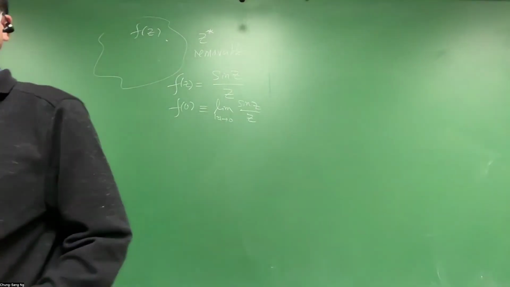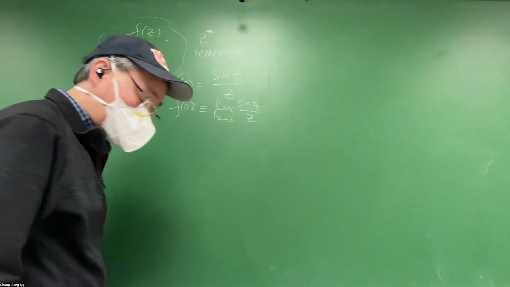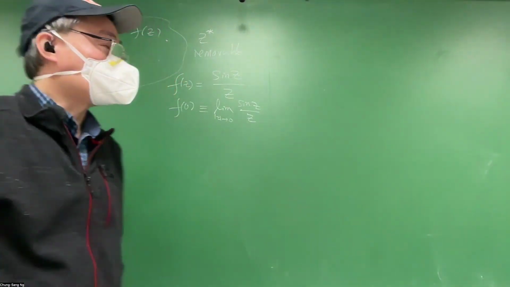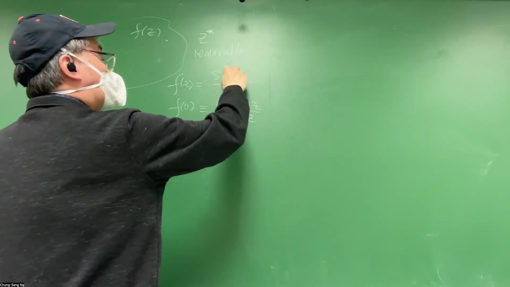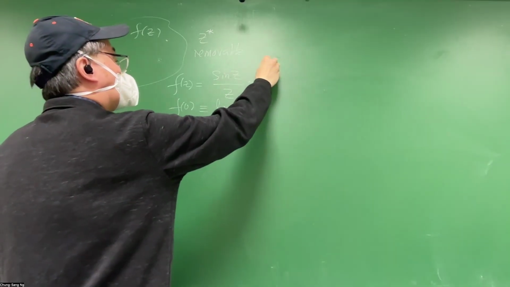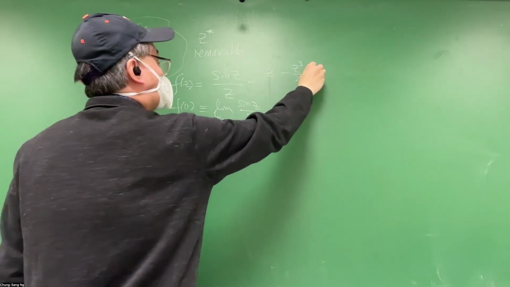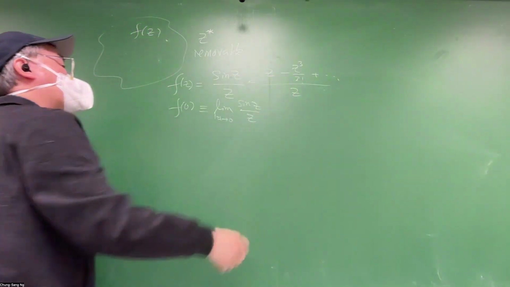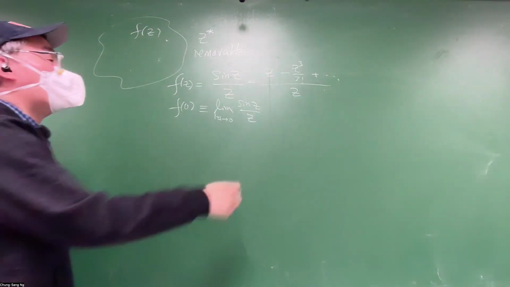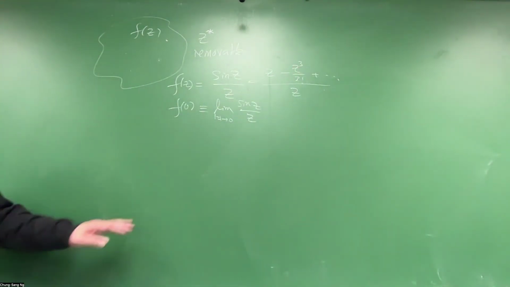it becomes analytic again. Or if you use the Taylor expansion, the infinite series expansion, you see that it's not singular, because the expansion of sin z is z minus z cubed over 3 factorial and so on. You divide it by z, and obviously you cancel the z, and it's not singular again.